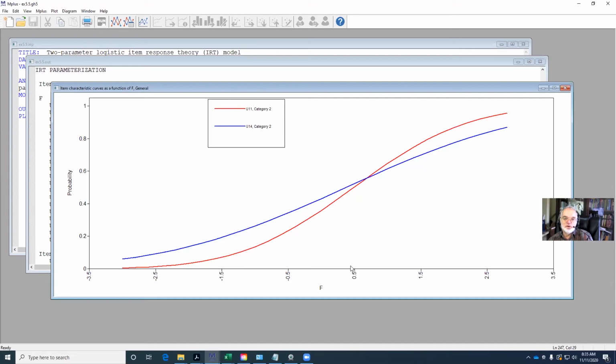But if you want to discriminate between people at this level, slightly above the mean, this item does a better job of discriminating between people below this level and people above this level. Does that work?